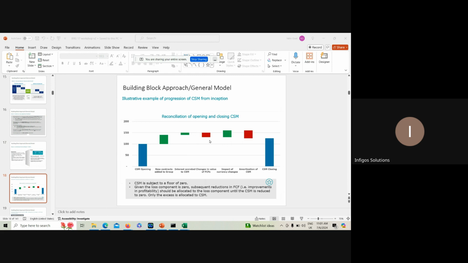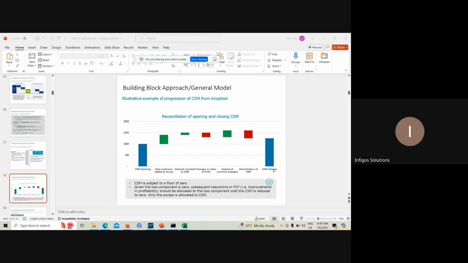Then there is a change in value of the future cash flow because of which it drops by some amount, and then there's the impact of currency change, because of that it goes up again, and then there is amortization of the CSM. Amortization of CSM is released to the profit and loss statement or balance sheet, some value of CSM for which you have provided the service, and the balance is this one.